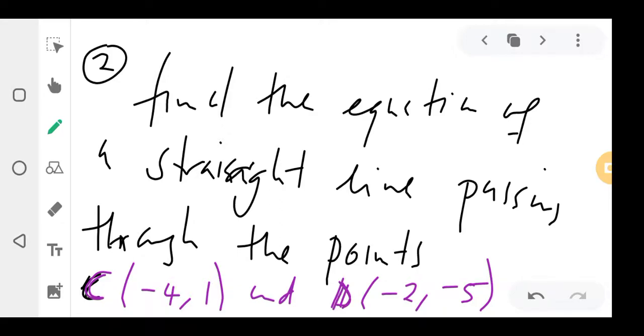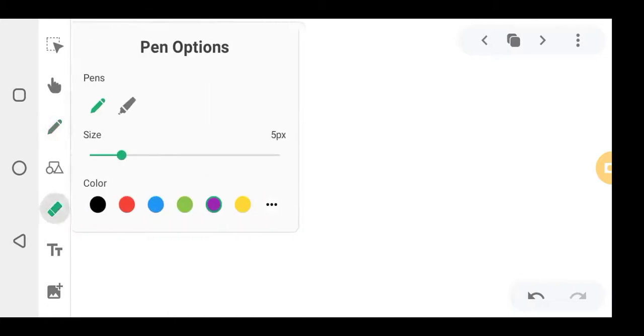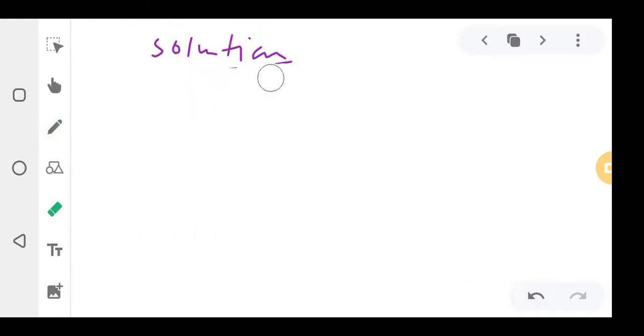Remember what I said? If there are 2 points, the first thing you do before finding the equation, you find the gradient. Okay, so we're going to do the solution there. The solution. So we find the what? The gradient. So I've written solution. So I have the point C. What is my C?